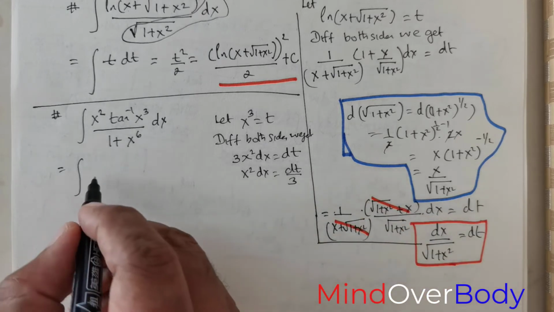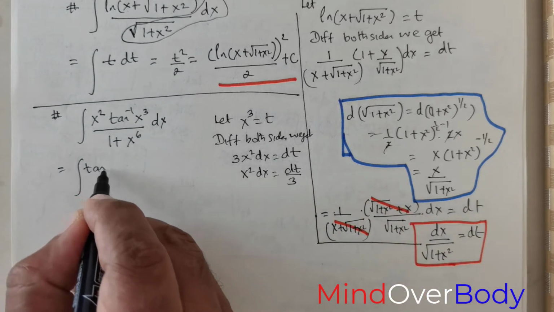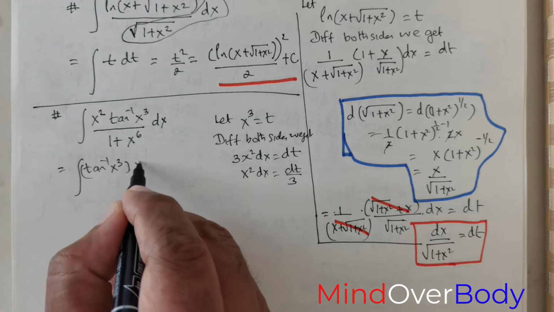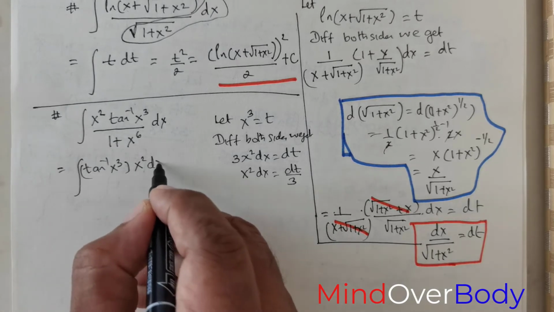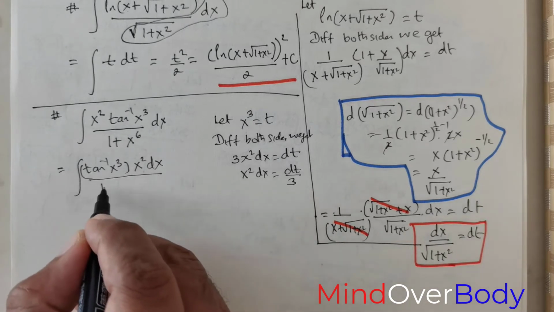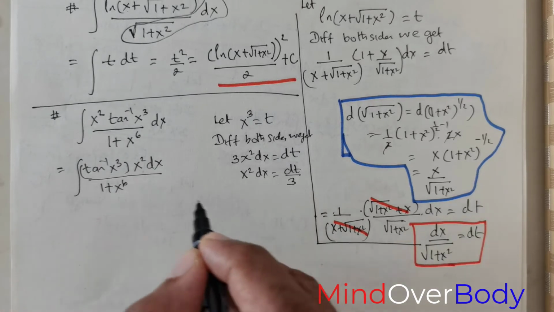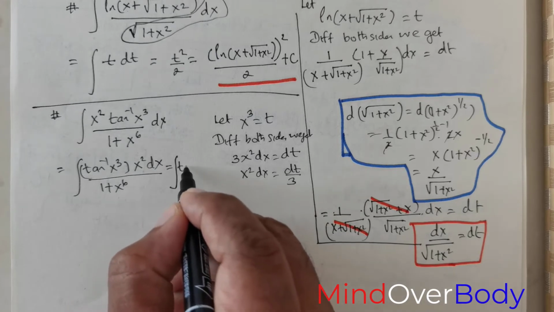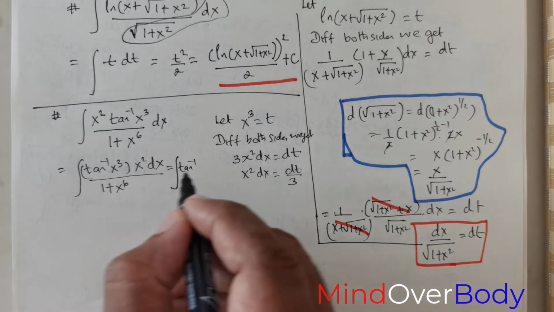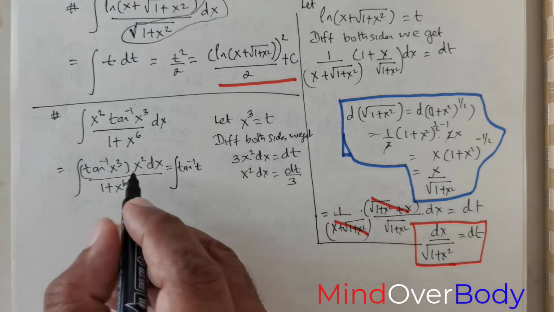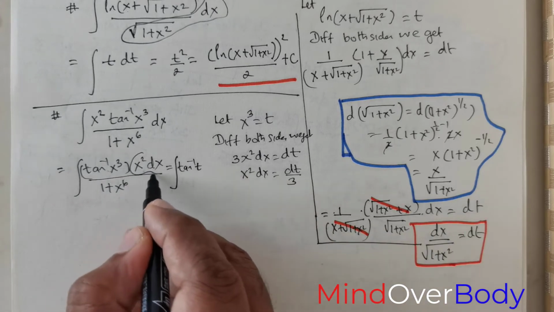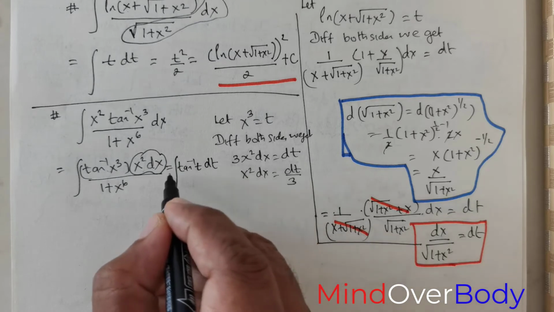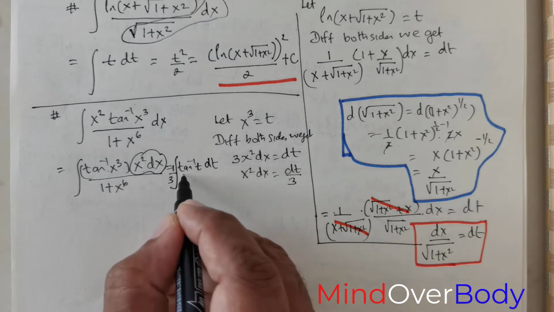So in other words, I'm going to rewrite this first as tan inverse of x raised to the power of 3 times x squared times dx over 1 plus x raised to the power of 6. Now this is equal to the integral of tan inverse of, in place of x cubed it is going to be t, and in place of x squared dx it is going to be dt over 3. I place this 3 there.